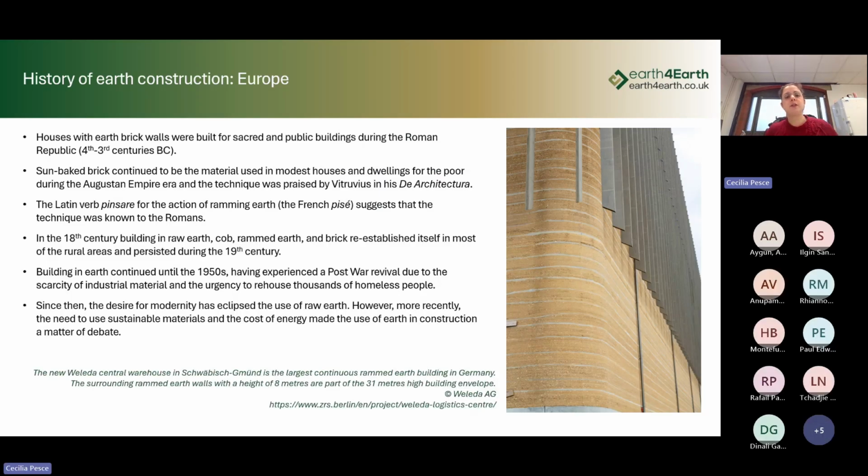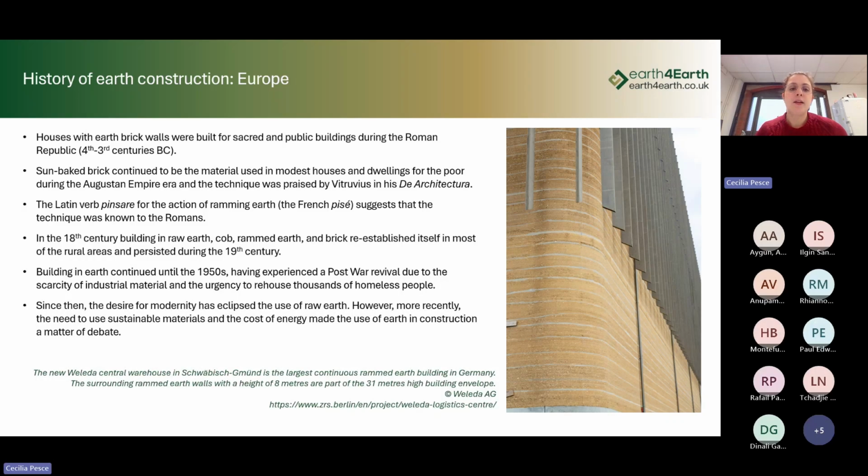And still in Europe, we have quite a few points. During Roman times, earth brick walls were built for sacred and public buildings. But also during the Roman Empire, sun-baked bricks were used to build modest houses and dwellings for the poor, while the richer palaces were made of stone and clay bricks, fired bricks.